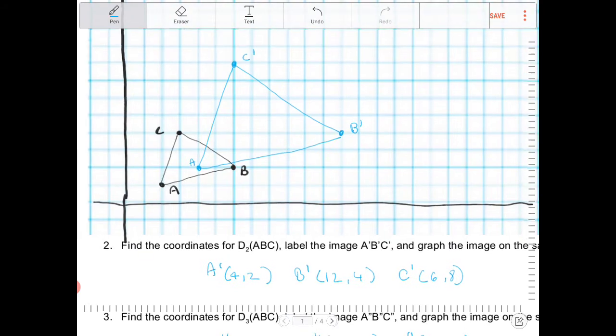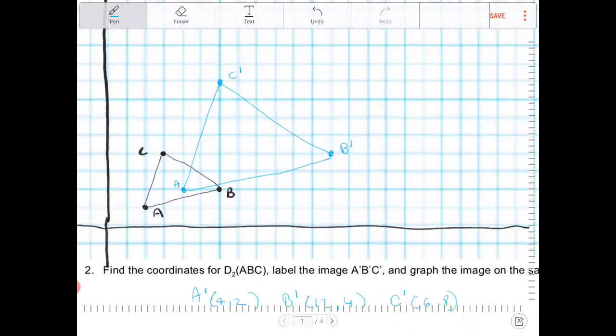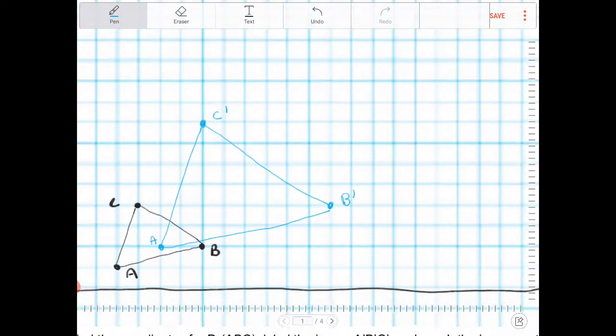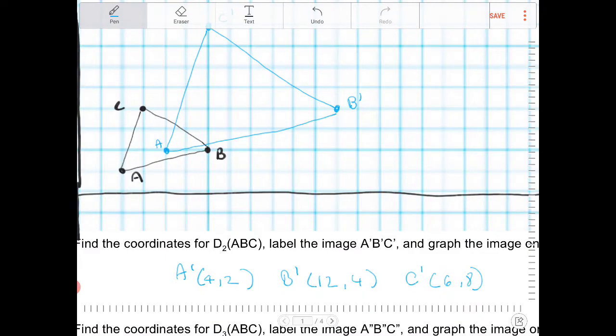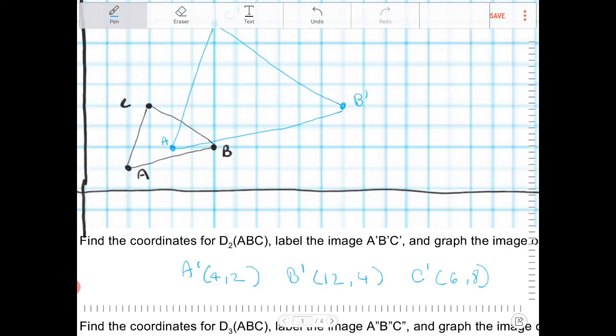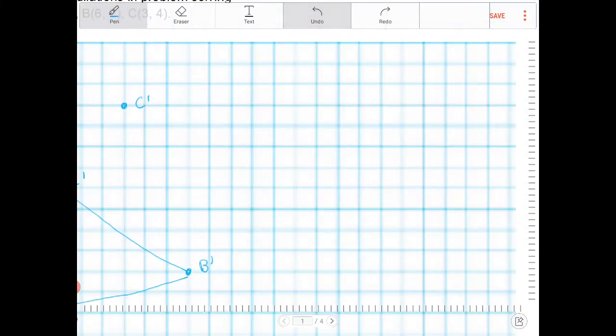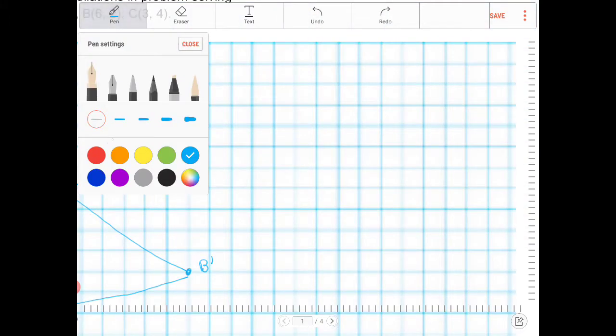Oh, and I got to graph this out, of course. So that means the C double prime will be over here. I'm just going to go another 3 and 4 over, so that's C double prime. And A double prime will be, I'm going to go another 2 over and 1 up. I'm sorry, I should have used a different color. So I want to use red in this case.